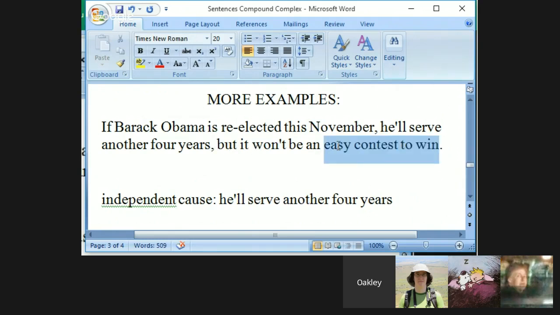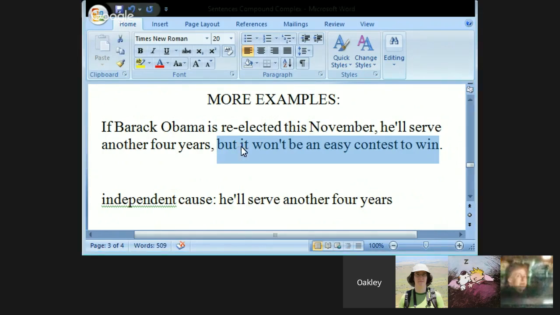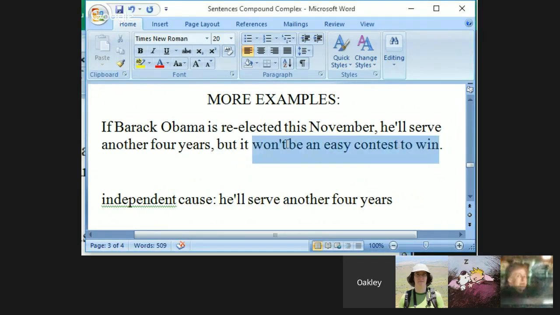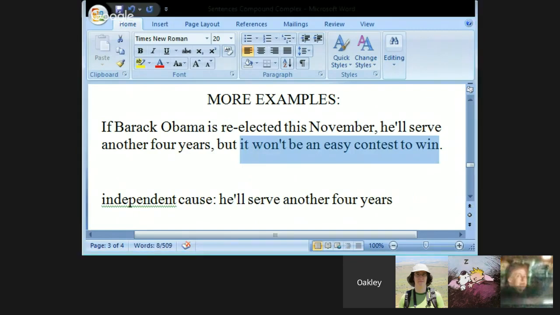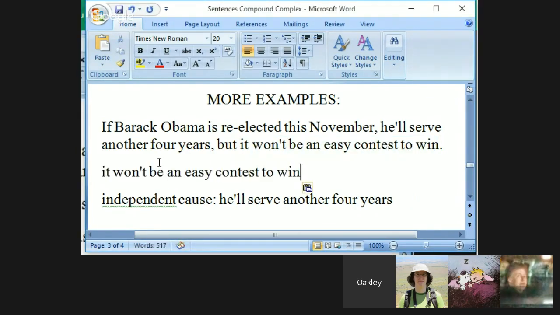Okay, let's see. It won't be an easy contest to win. And then what? But if he's reelected, he will serve another 4 years.